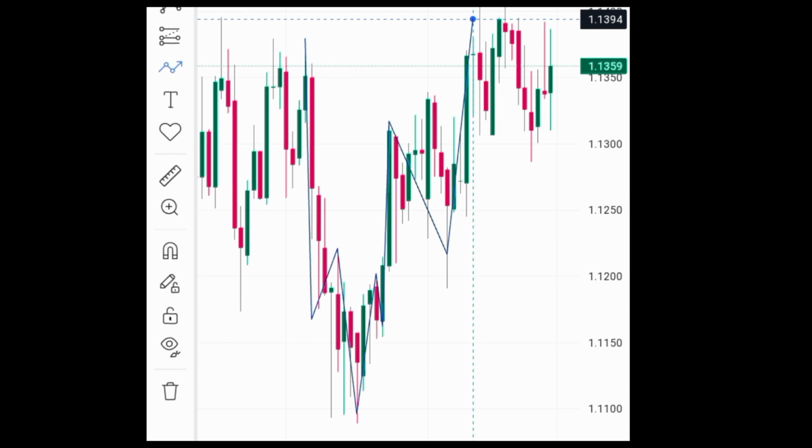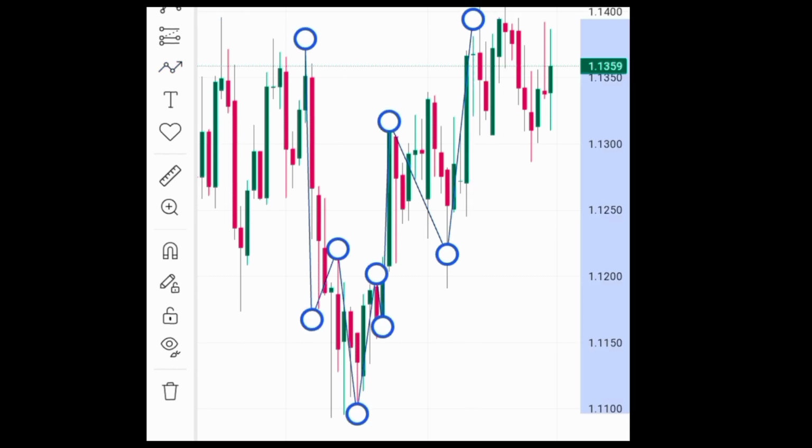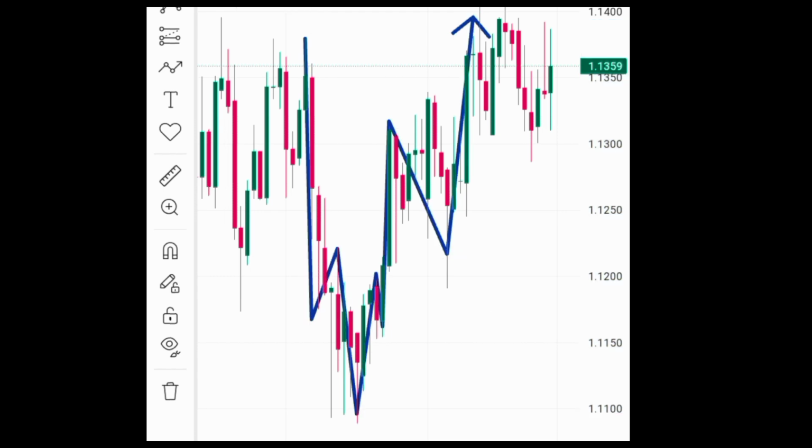So we already know that the trend of this market is bullish. So the only thing we are going to be looking at in this market is for us to take a buy trade.